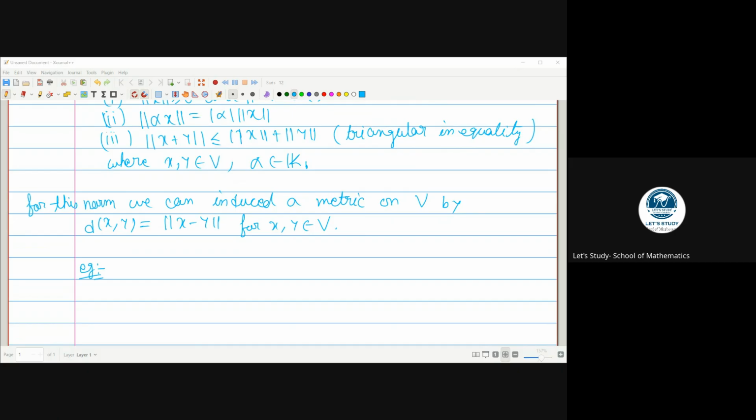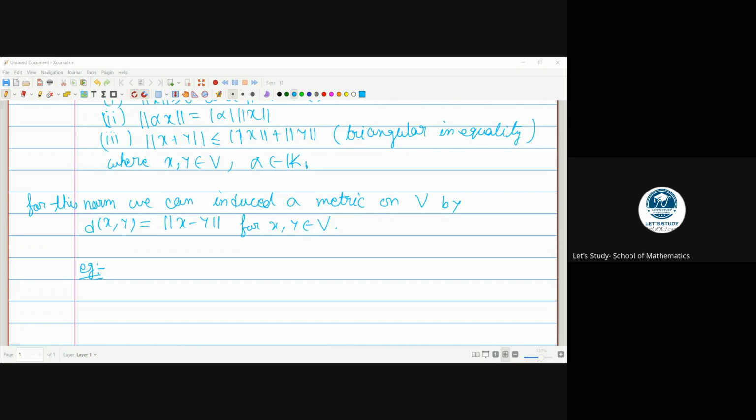A normed linear space is a vector space with this norm, whatever I am defining.